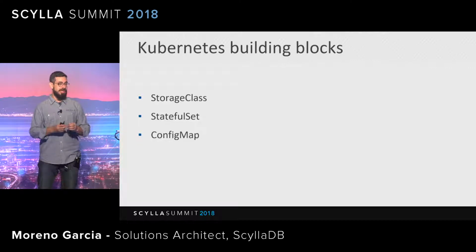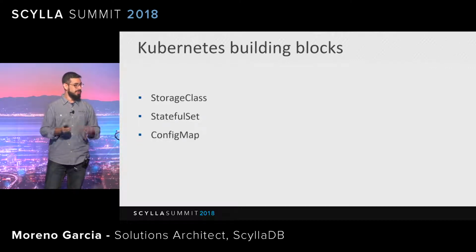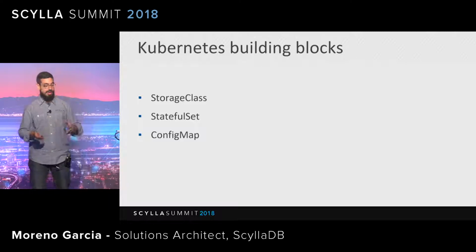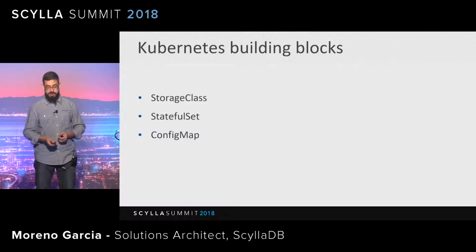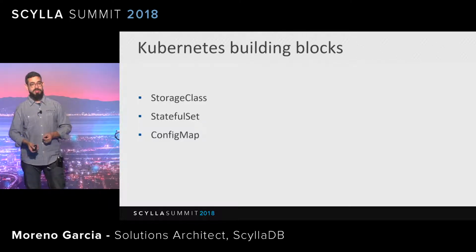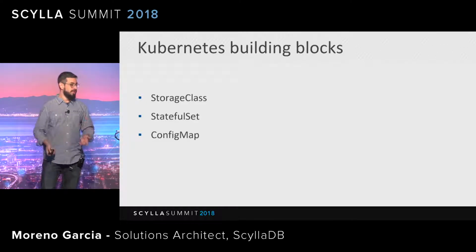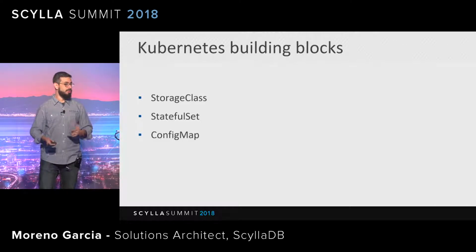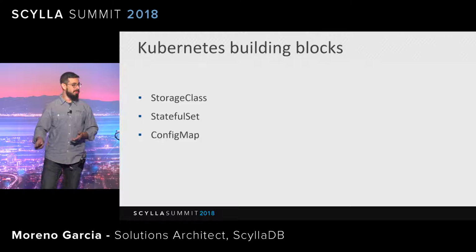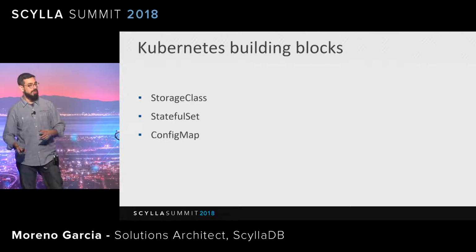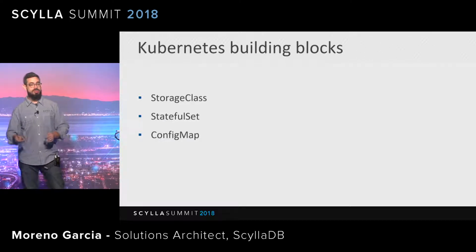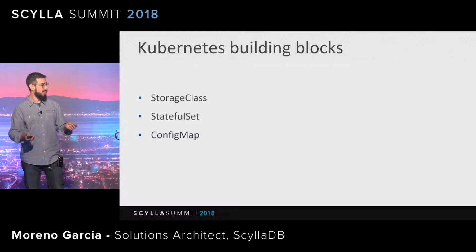The stateful set is the structure that was created in Kubernetes to address those stateful needs. And the config map is the structure that we use to map the config file for Scylla. In our case, it's the scylla.yaml, or if you are deploying on a multi-DC or multi-rack environment, then there's the Cassandra rackdc.properties file that we create as a config map, and it's going to appear inside your pod as a plain file, right?